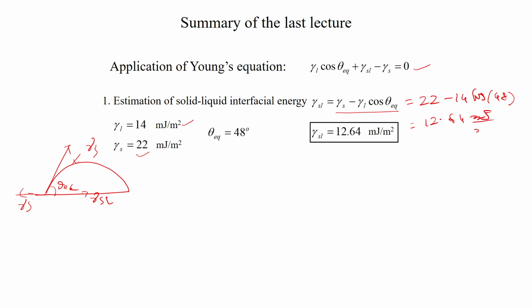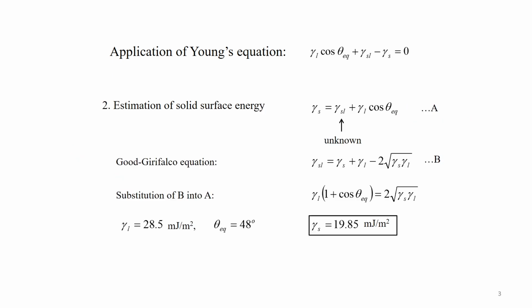This is just to show you that this Young's equation can be used to estimate the interfacial energy between the solid and liquid, provided we know the surface energies of the solid and the liquid, and also the equilibrium contact angle, theta.